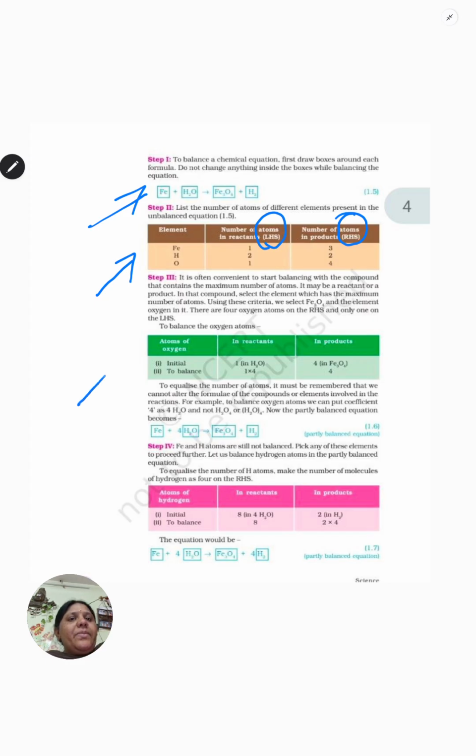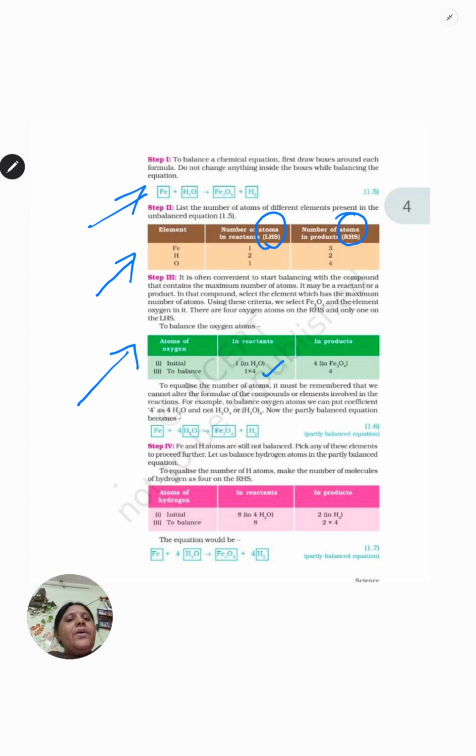And coming to step 3, first you initialize the balancing of the equation. We started with the maximum number of atoms of which element is there. In our equation oxygen is having the maximum number of atoms, so we started with oxygen. First oxygen is balanced.